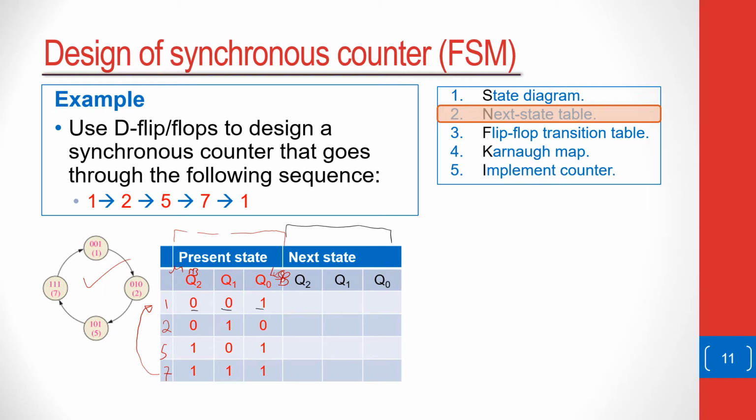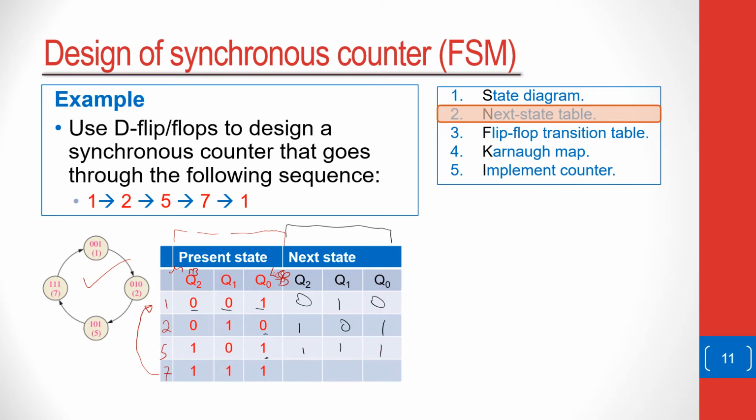When you're at 1, according to this, your next state is going to be 2. So you write the 2 here. And then when you are at 2, your next state is going to be 5. But when you are at 5, your next state is going to be 7.